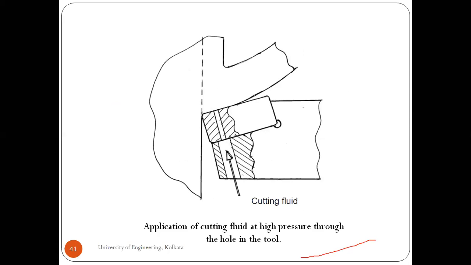In a few cases where there is no place, suppose you have a wide plastic zone, it is not possible to pressurize the fluid into this plastic zone. So at times we can make a slot into the tool holder as well as in the tool, and we can pressurize the cutting fluid through this so that it reaches the plastic zone.